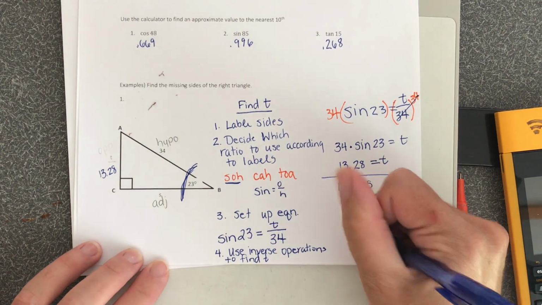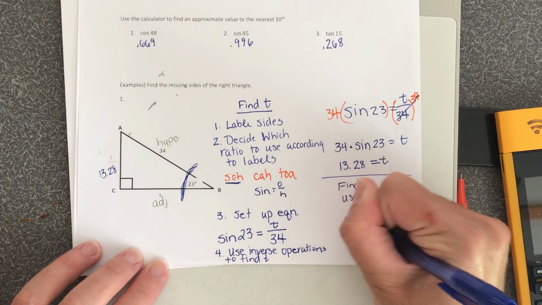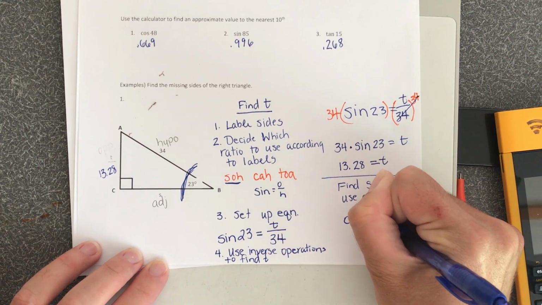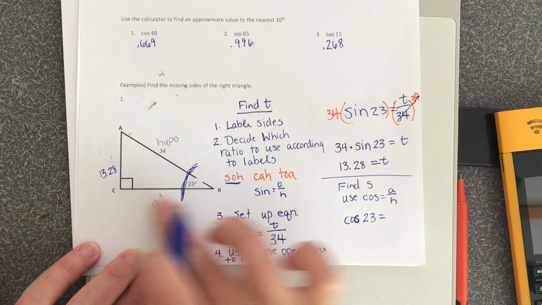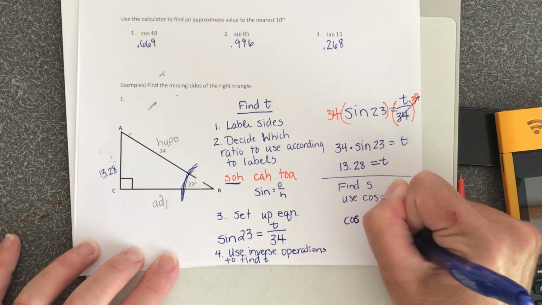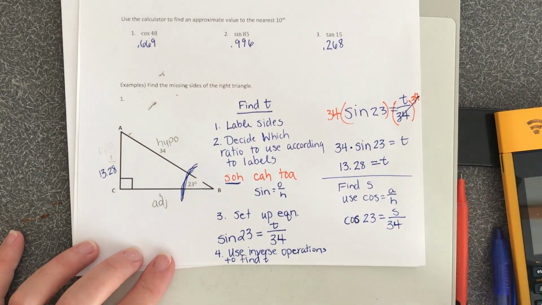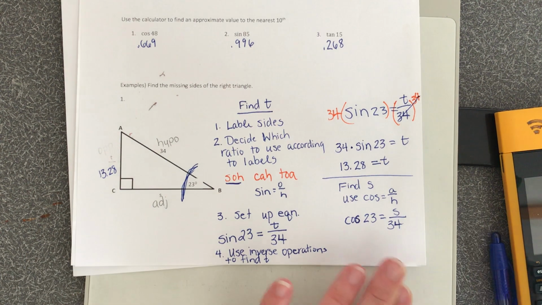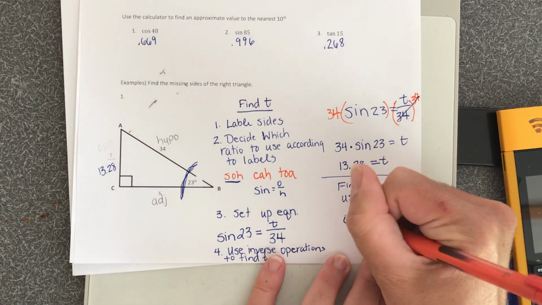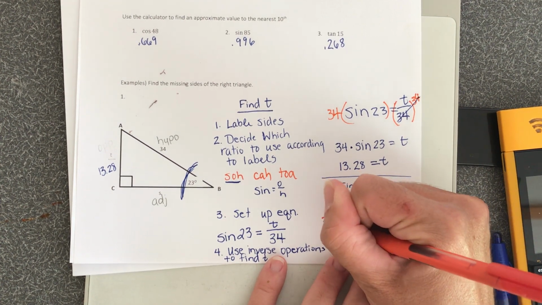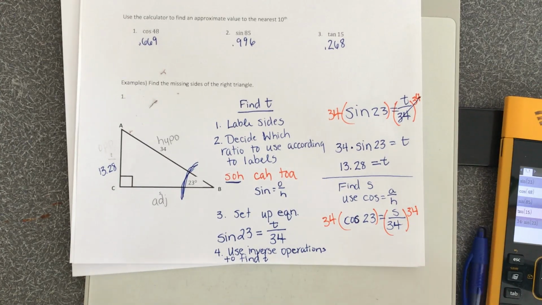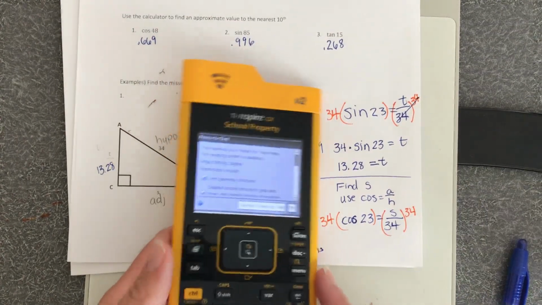So we're going to set up our ratio. So again, now it's cosine 23 is equal to adjacent over hypotenuse. To undo division, we use multiplication. We're going to multiply both sides by 34. And we're going to type it in like we see it. 34 times cosine 23.